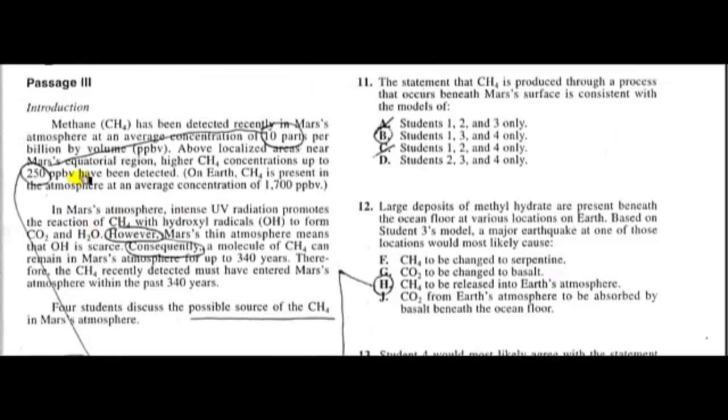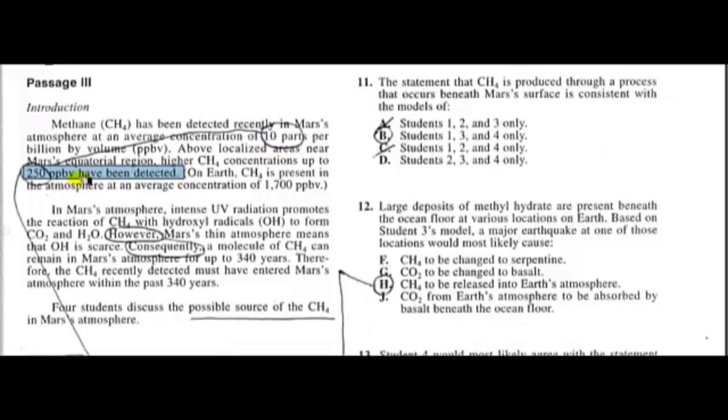Here's what it says. Methane, CH4, has been detected recently in Mars' atmosphere at an average concentration of 10 parts per billion by volume. Above localized areas near Mars' equatorial regions, higher CH4 concentrations of up to 250 parts per billion have been detected.